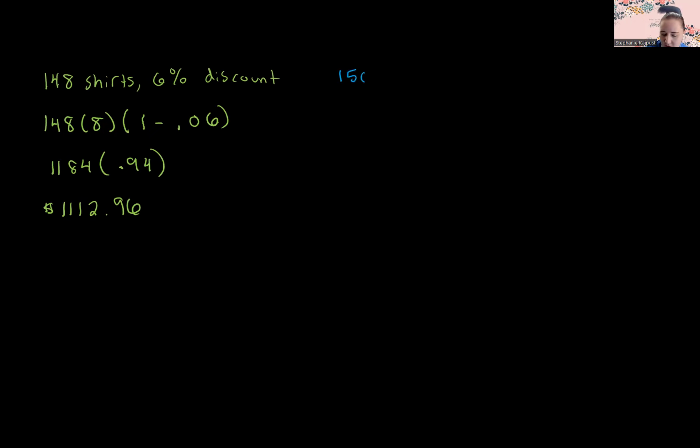So we have 150 shirts, and that is an 8% discount. So we have 150 times $8 a shirt, times 1 minus 0.08. So 150 times 8 is 1,200. 1 minus 0.08 is 0.92.